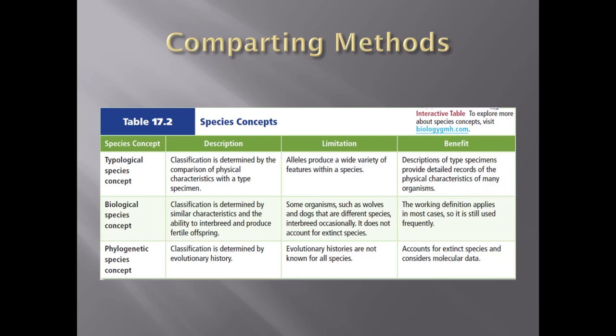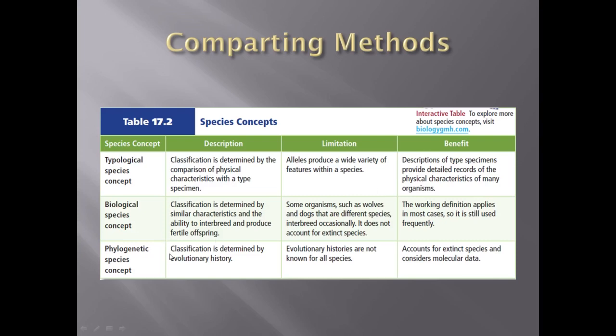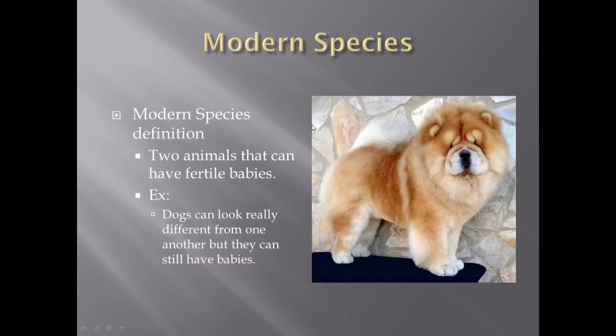Now, before I move on, guys, I wanted to put this little chart up here because you're going to have to be able to know this information later on. You want to be able to compare the different concepts of species. Now, we have the phylogenetic concept, which basically talks about how closely related they are, which you see right here. You have the biological species concept, which is the idea about, hey, can they make babies?